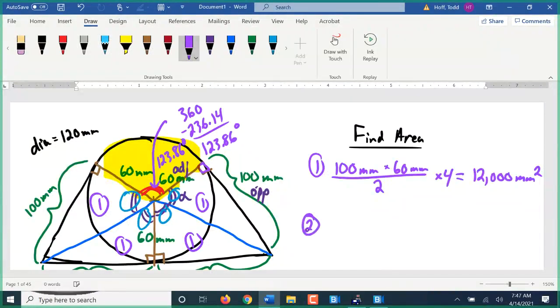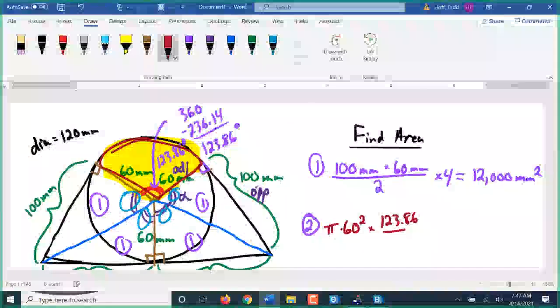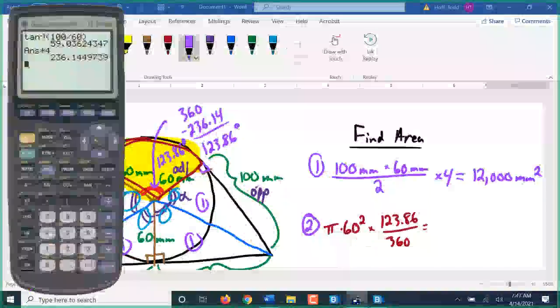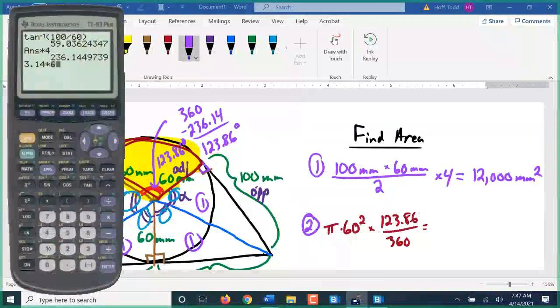Now, how do I go about finding the area of that sector? Circle there. Perfect. Pi times 60 squared times that angle of 123. 3889.20.